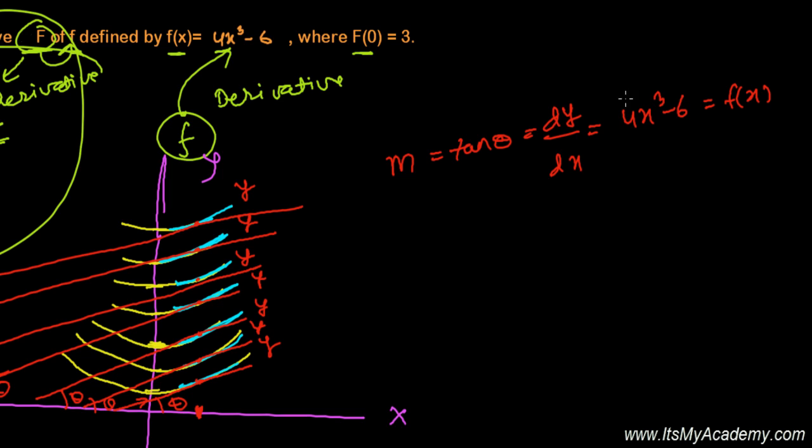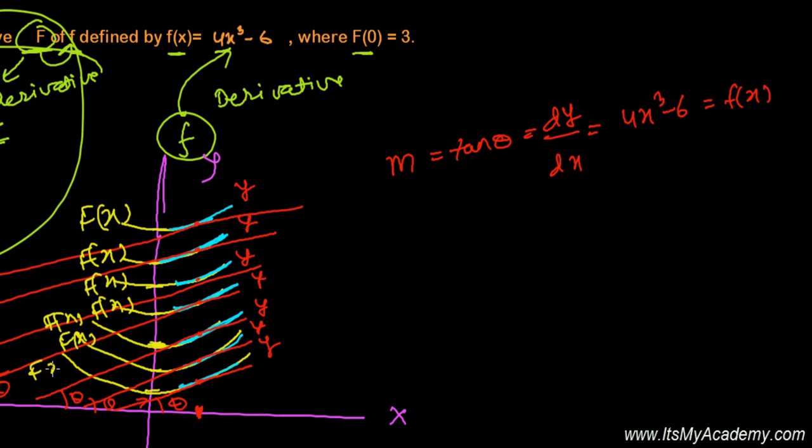Okay, so this derivative is possible from many different functions. Now let's say this is capital F of x, this is capital F of x, these all are capital F of x. Similarly, this function is capital F of x, this is capital F of x.